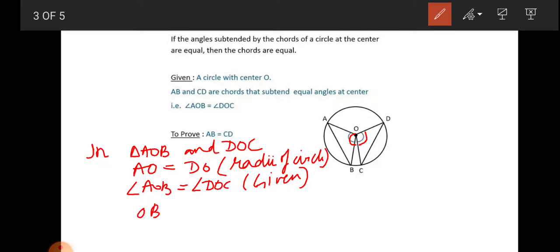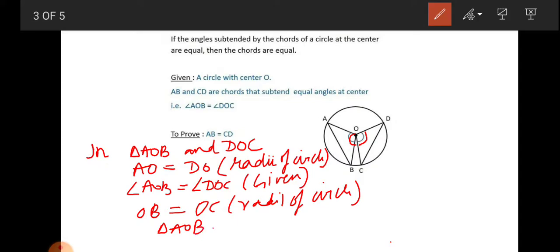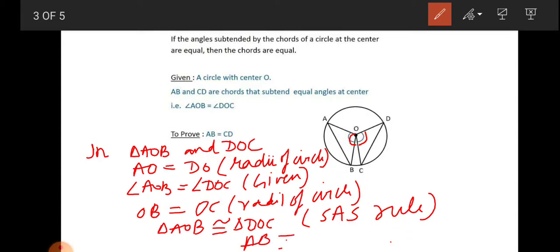OB is equal to OC, radius of the circle. So triangle AOB is congruent to triangle DOC by the side congruence rule, and by CPCT, AB is equal to CD.